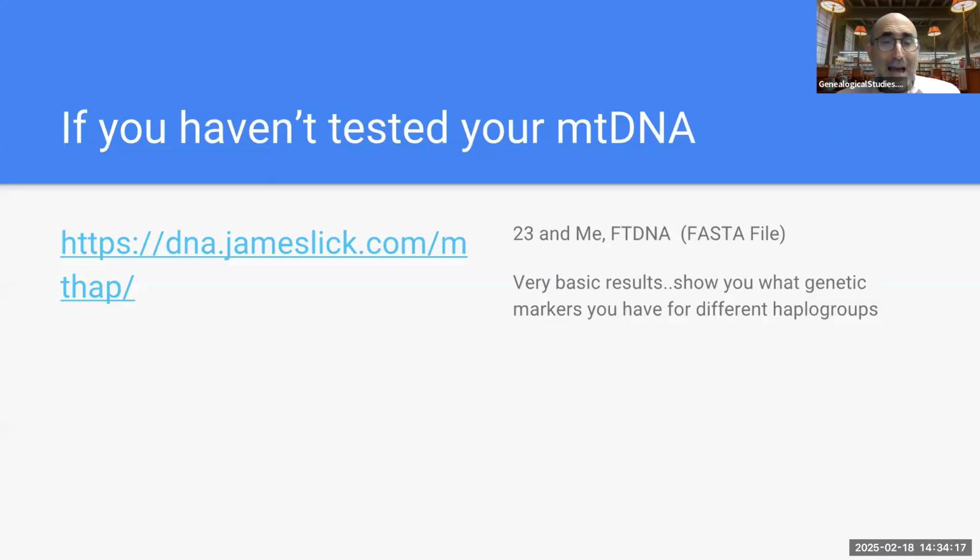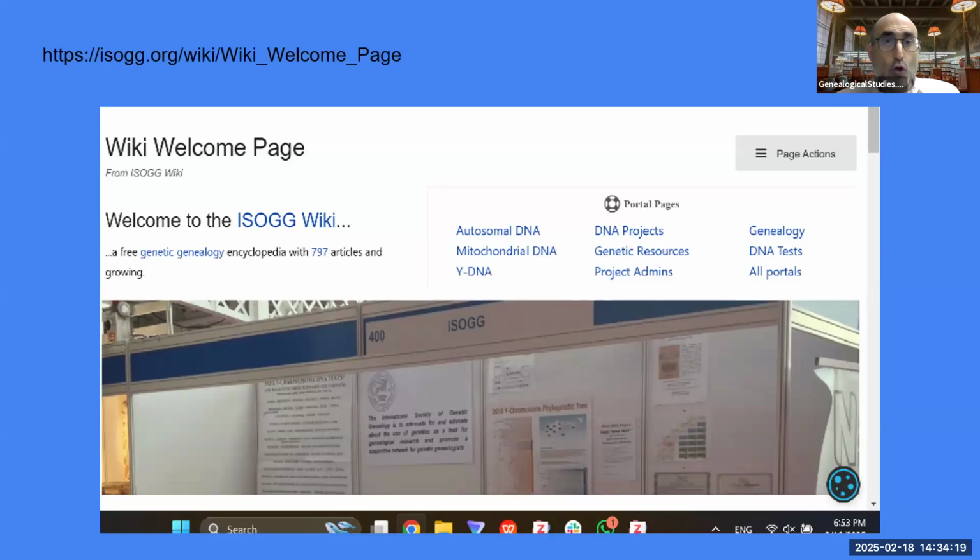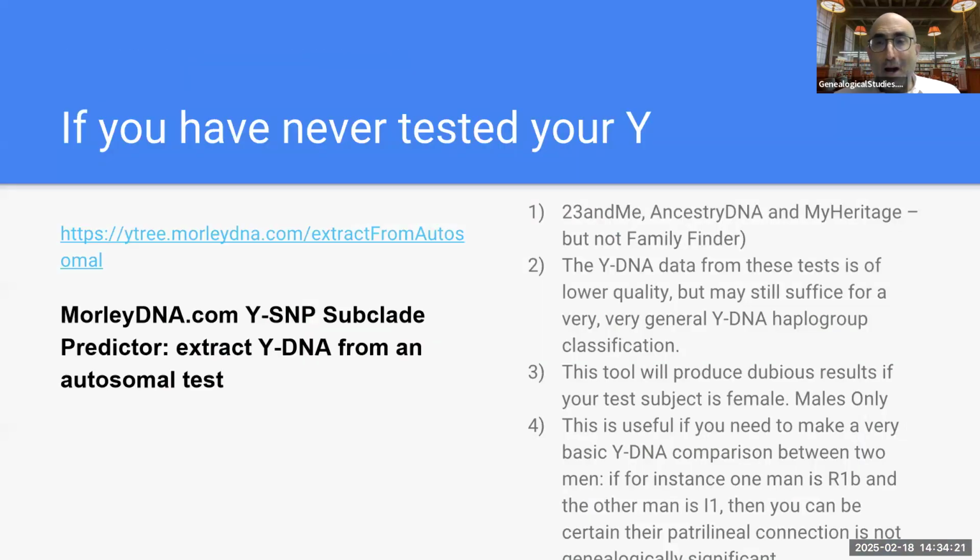Now, if you haven't tested your Y DNA, and remember, Y DNA is the kind of DNA that only males have, that passes from father to son, basically since the beginning of time. FTDNA does separate Y DNA testing.